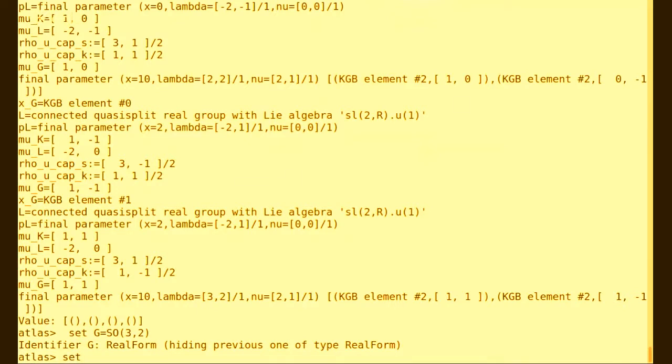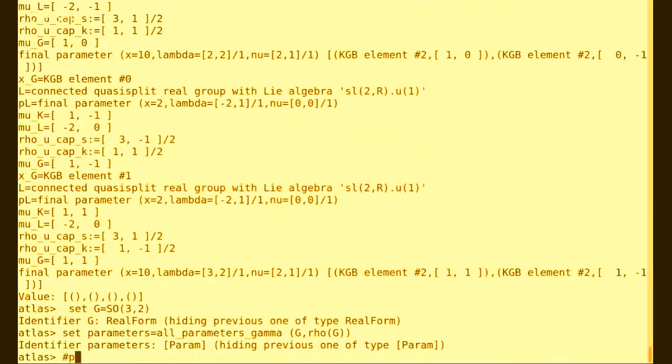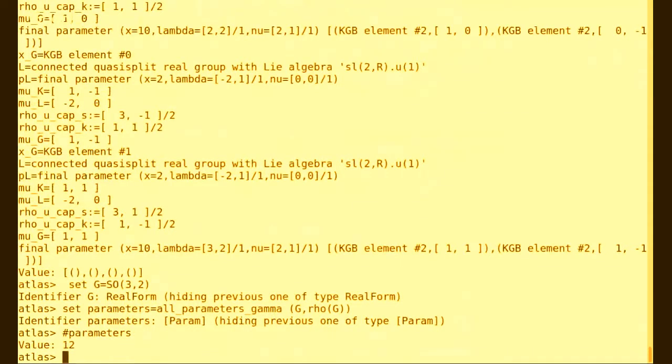So let's set parameters equal to all parameters for G with infinitesimal character rho of G. How many parameters are there? 12 now. And let's look at them, for P in parameters.